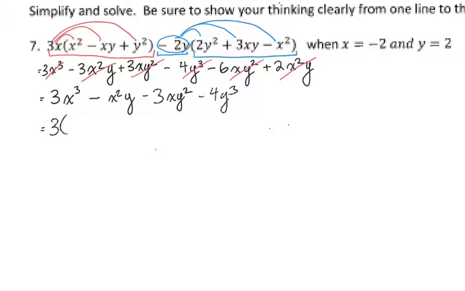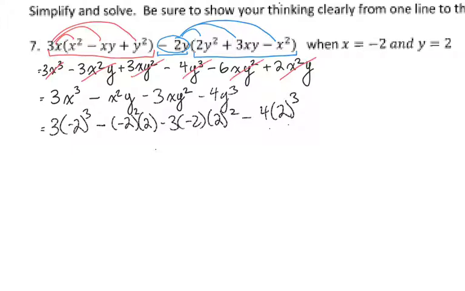So now we get 3 bracket negative 2 cubed minus, well, negative 2 and y is negative 2 squared times 2 minus 3 times negative 2 squared minus 4 times 2 cubed.